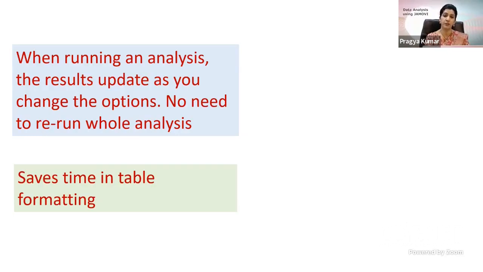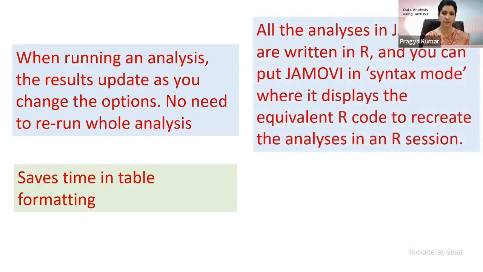But we do recommend that you prepare dummy tables before you start your data analysis. I'm specifically talking about the thesis and the PhD thesis. Even for small papers, if you do this dummy table step before you start your analysis, you are very much planned about what you need to do. So that saves time in formatting.